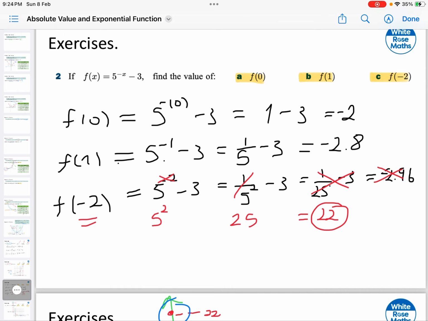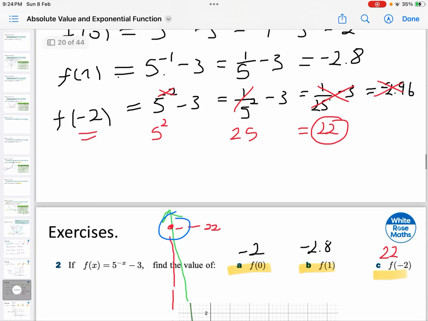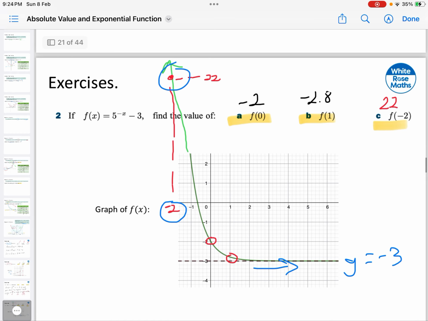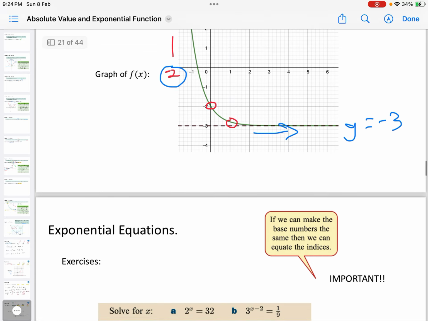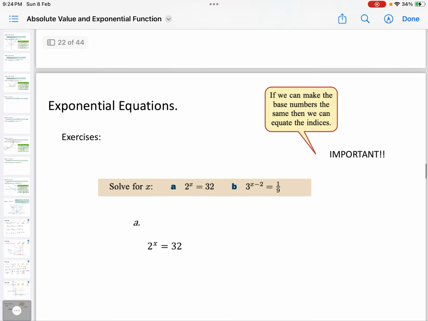I was using -2, so the answer was not negative. It should have been positive, 5 with the power 2. So please check in your notes that you have the correct value. If you were shouting at me because I made a mistake and I never realized it, I'm so sorry for that change. But after I got to the graph, I realized that number -2 should have been a very big number, in this case, 22.